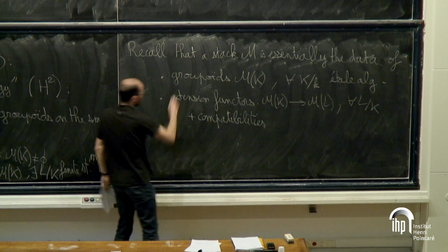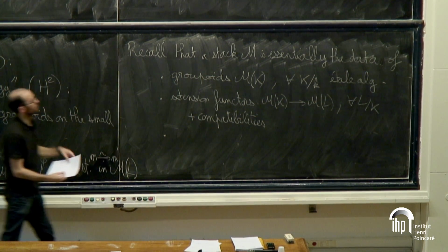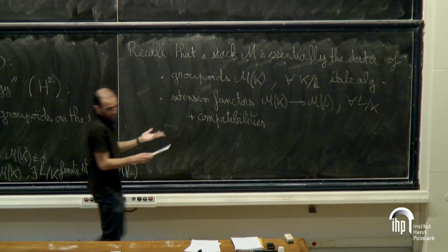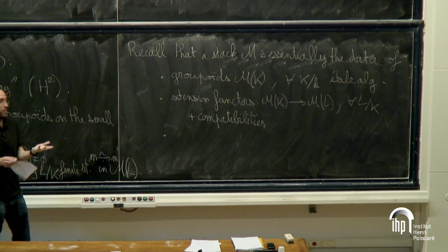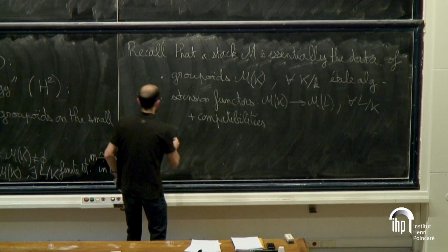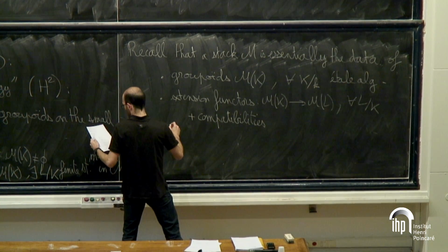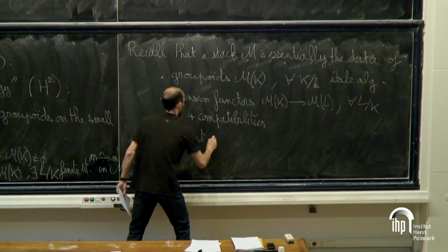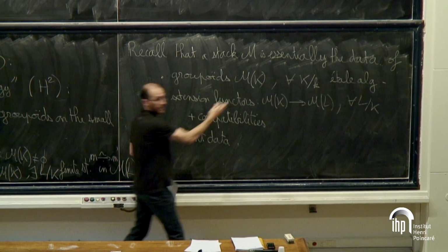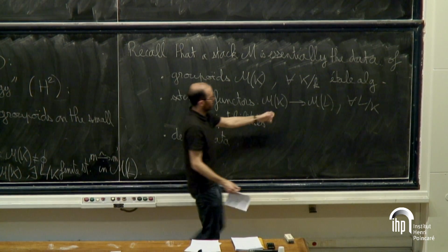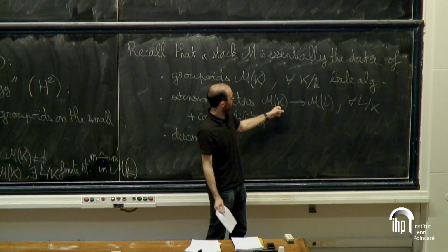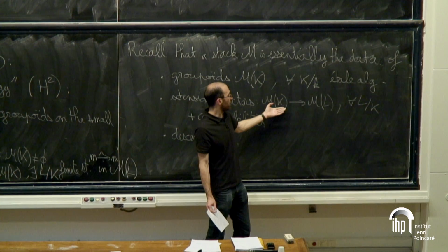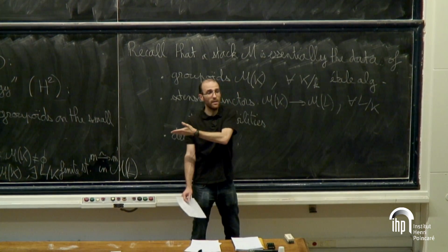And to have a stack, you need to have a descent property. So, descent data. In this setting, you can consider, for instance, an element in M of capital K, and you would like to know, do they come from M of little k?